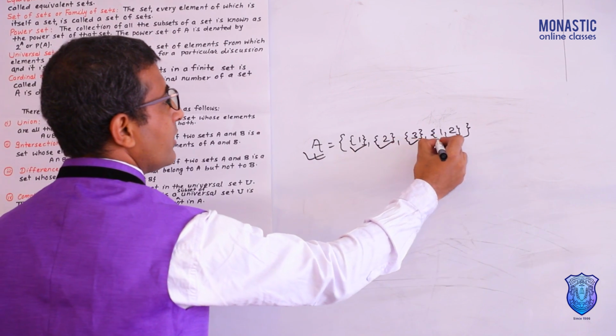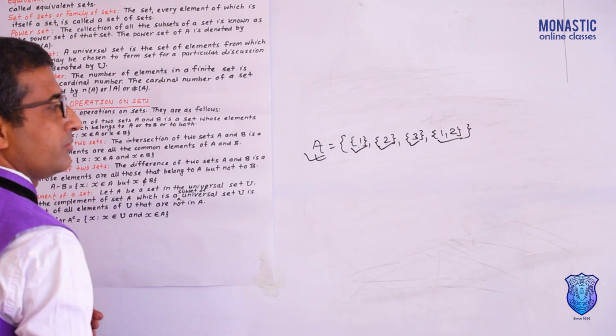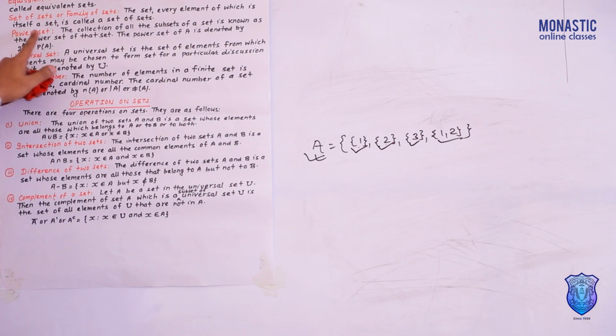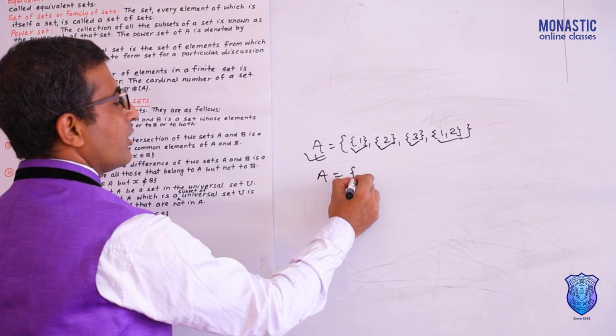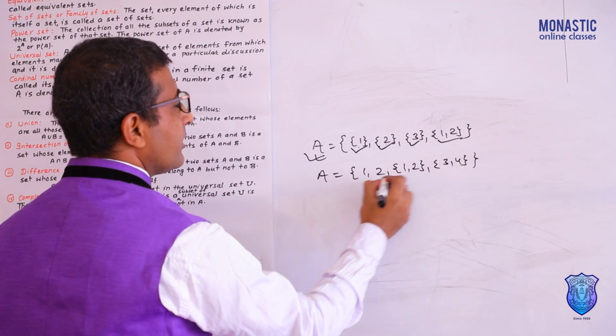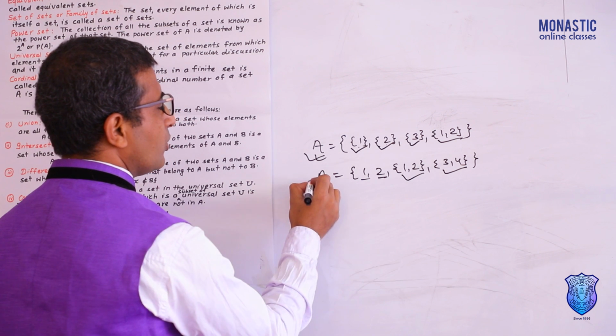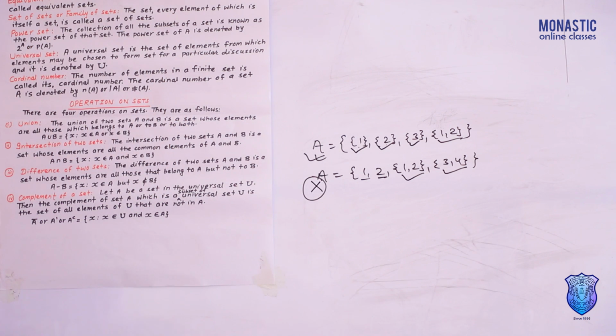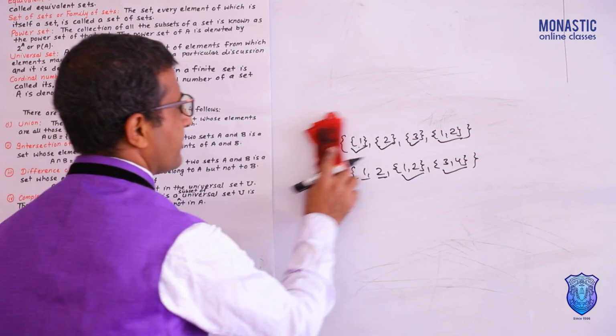The elements are {1}, {2}, {3}, {1, 2}, and all of them are also sets. So the set, every element of which is itself a set, is called a set of sets. But if we write elements like 1, {2}, {1, 2}, 3, 4, anything like that, some of these are sets but others are not. So it's not a set of sets or family of sets. For a set of sets, the set, every element of which is itself a set, is called a set of sets.